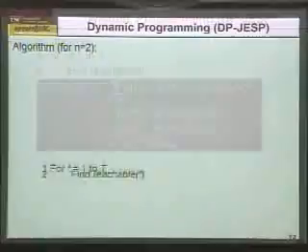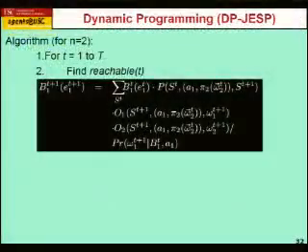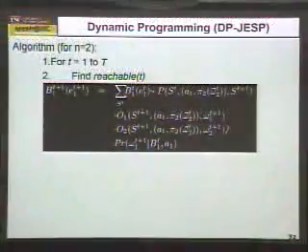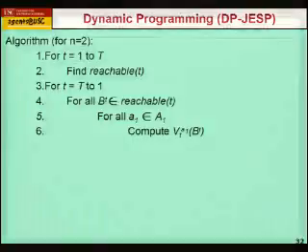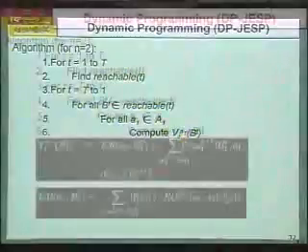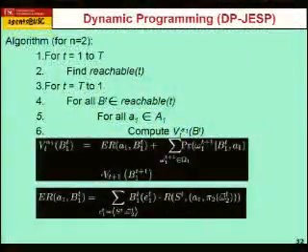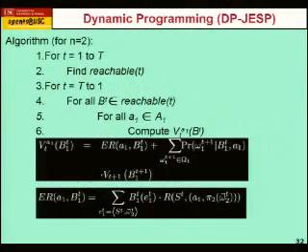So here's what the algorithm looks like for the dynamic programming approach. You find the reachable belief states at every time step t. For each of these belief states, you compute the value function associated with each action and that belief state. It's a simple value iteration algorithm. The value function consists of your immediate reward and the future reward.